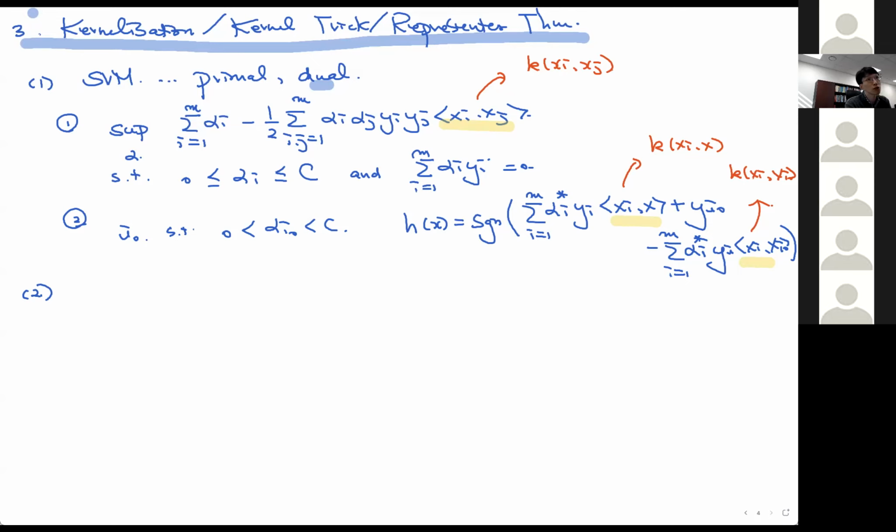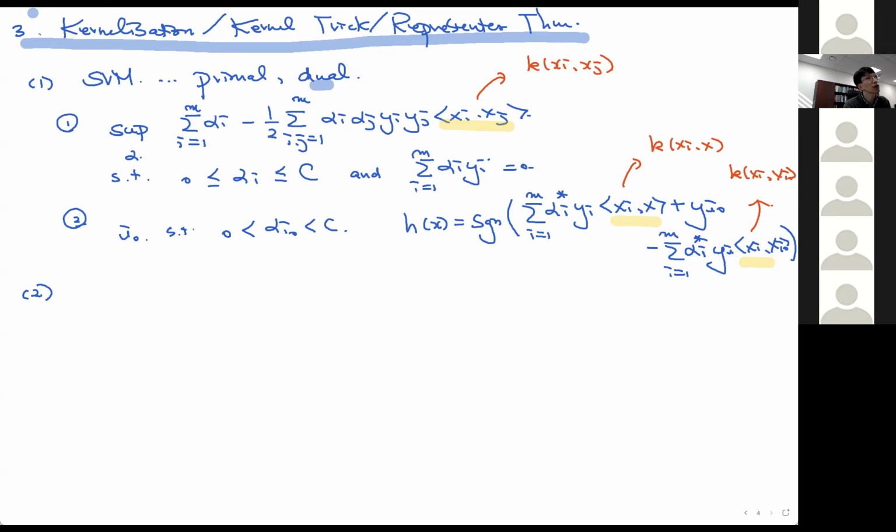Several machine learning algorithms, when we take a step back and look at what's really going on, use information about the inputs only via inner products. So by replacing this inner product by any kernel, we can generalize the algorithm.